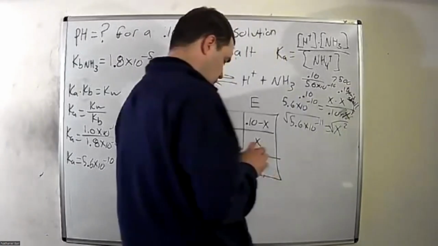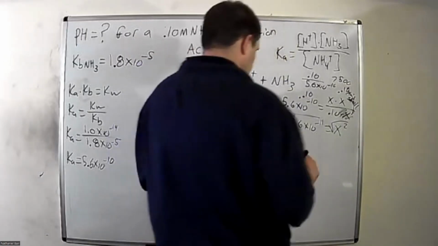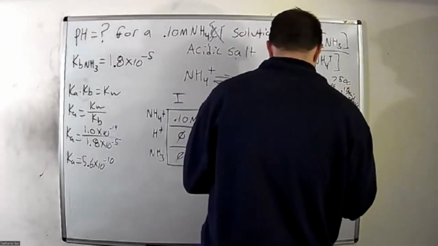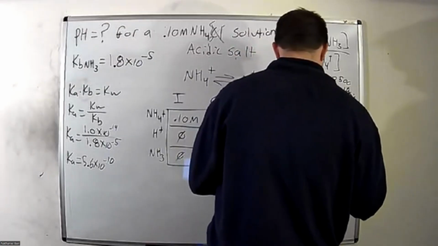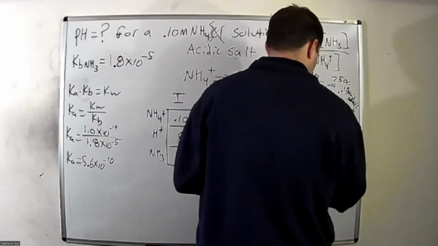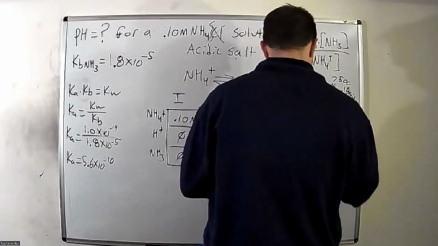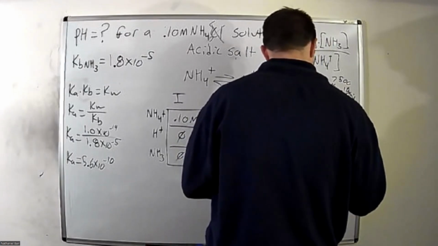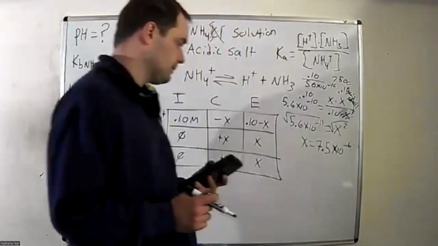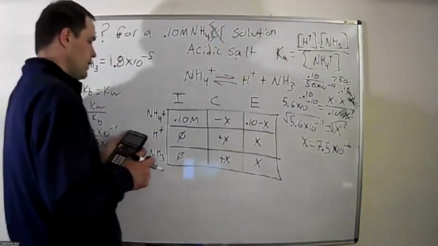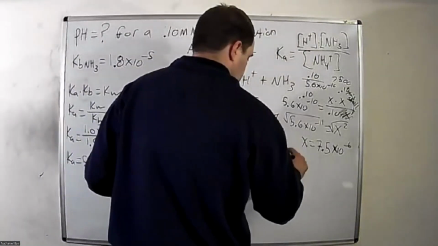We're going to take the square root. X equals 7.45 times 10 to the negative 6. We're probably stuck with 2 sig figs, so let's do 7.5 times 10 to the negative 6th. That is my hydronium ion concentration.